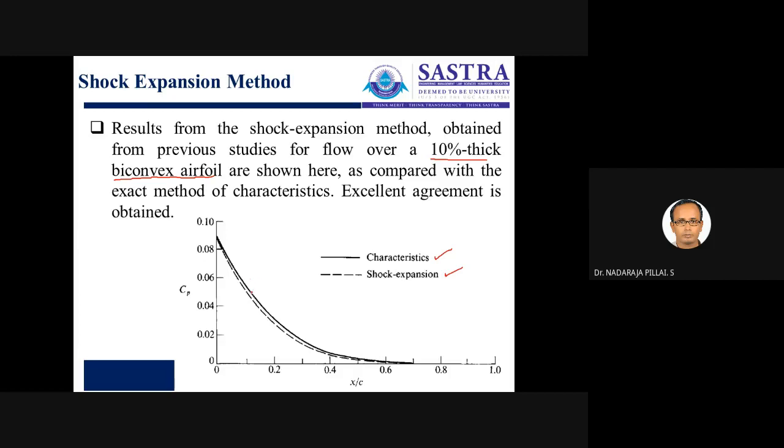The point is that there is an excellent agreement between the Cp calculated based on the characteristics and the shock expansion method. So the shock expansion method is a good method for calculating the Cp. We will have an exercise sometime by considering this also.